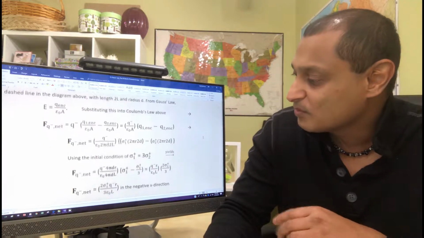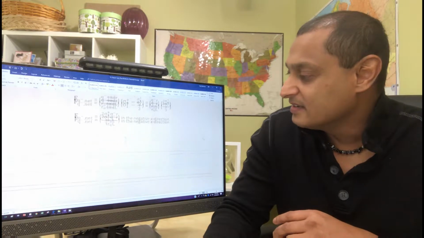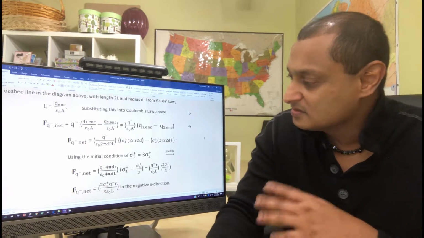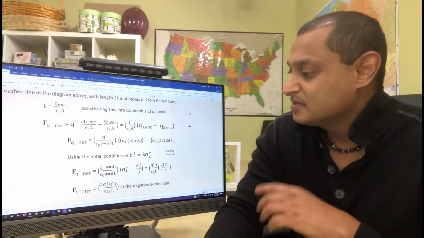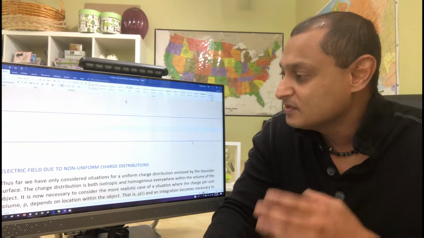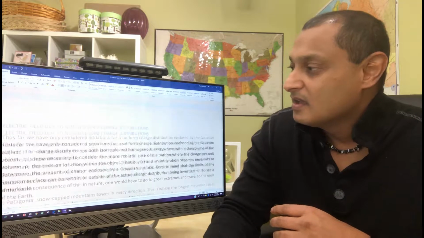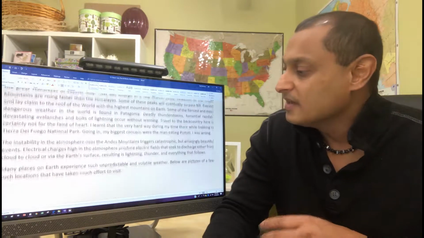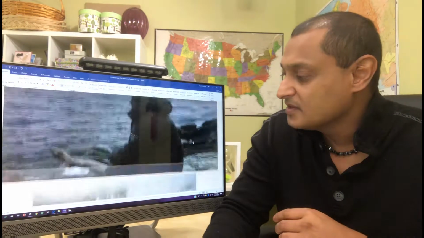Several examples I'll work through in meticulous detail, and even though it may look a bit verbose and complicated, it's substantially simpler by this method than other methods if you're not using Gauss's law. And two additional terms are introduced here as we do some more example solving for electric fields.